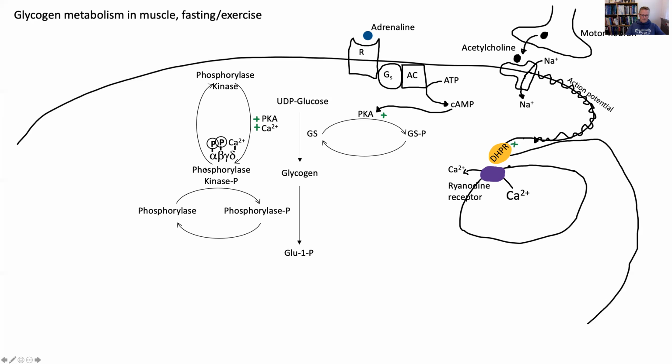The activation of phosphorylase kinase will then lead to a phosphorylation of phosphorylase, leading to a more active form of phosphorylase, which then will start degrading glycogen to glucose 1-phosphate.